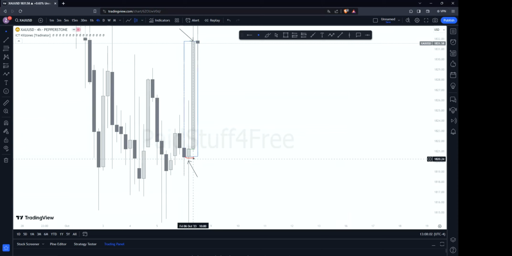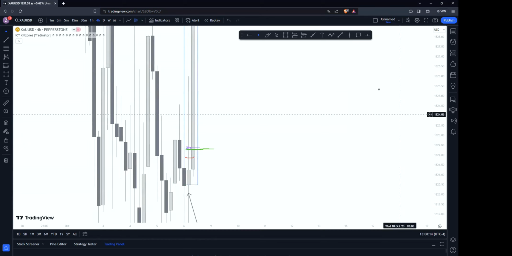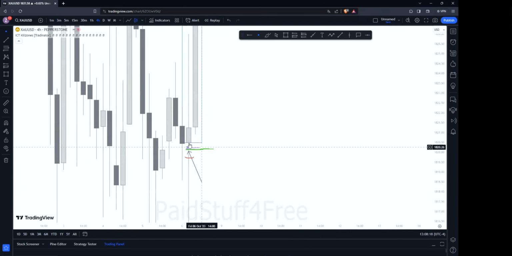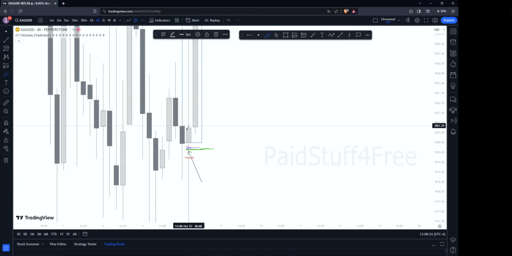Who marked this? What's this, bro? That's not a closing. The one who marked this is the opening, right? I want you to mark the closing of the first candlestick. So you're going to have first candlestick, second candlestick. Open, close, open. Where is the closing of the first one? The closing of the first one is right here.